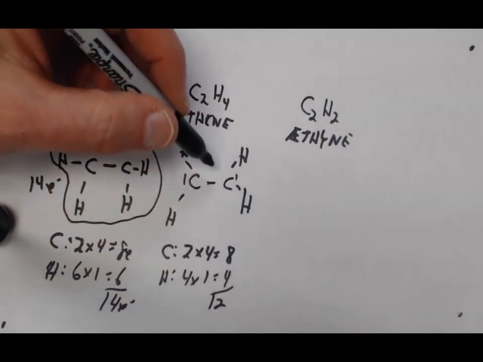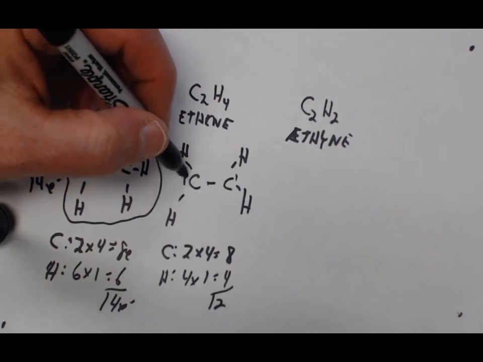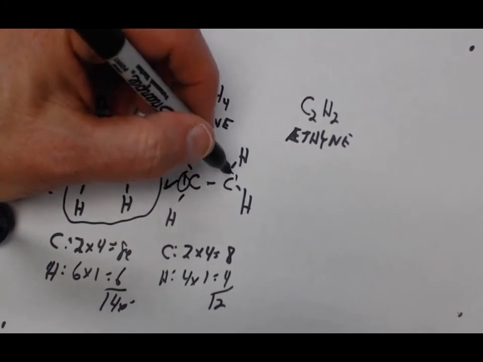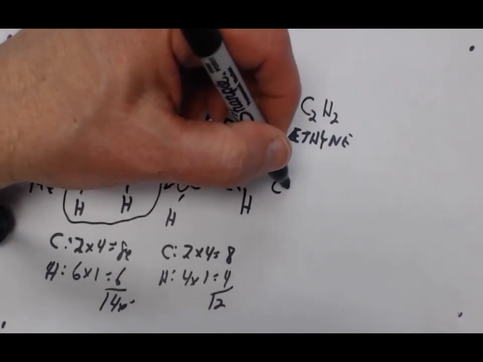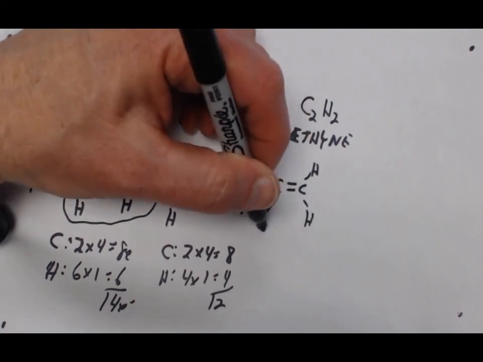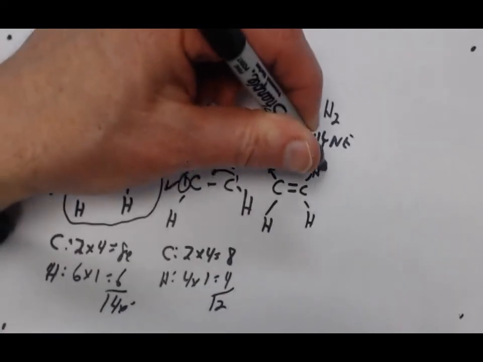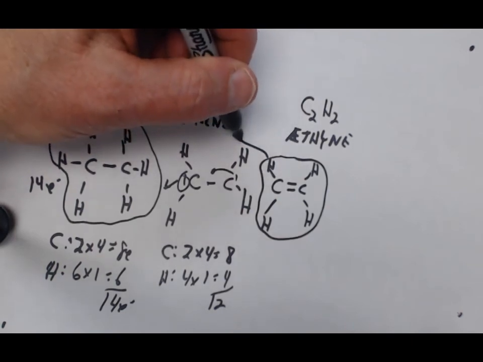I should only have 12 electrons. I have too many electrons. And so what I do is make an adjustment. I get rid of a lone pair here, slide one in from the side, and my structure ends up looking, I'm going to cheat over here and go to ethyne a little bit, like this, and has that double bond in the middle. And that's what my ethene structure looks like. That's that one over there.